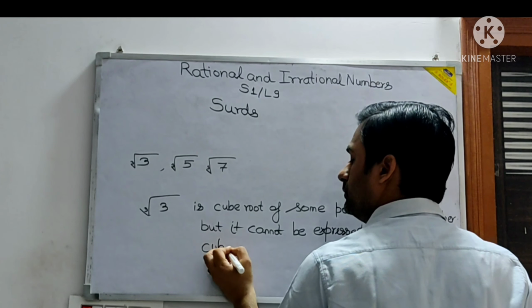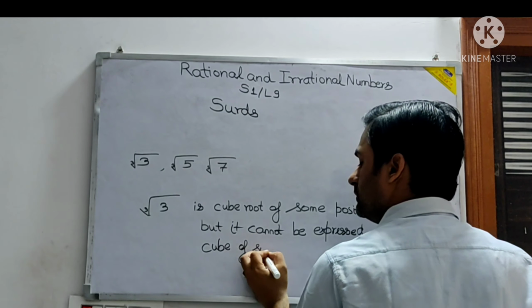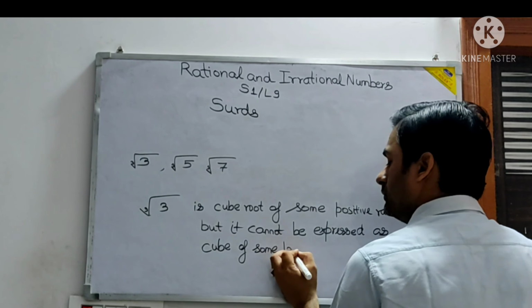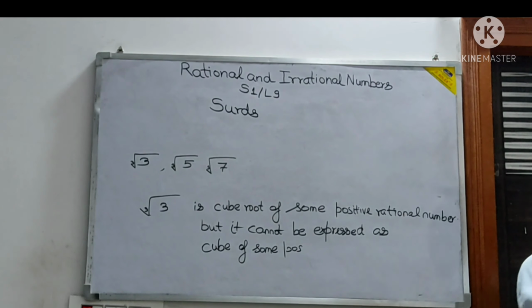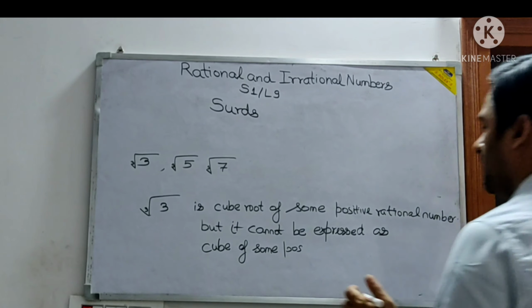cube of some number, in fact a perfect cube, or cube one, let's say.